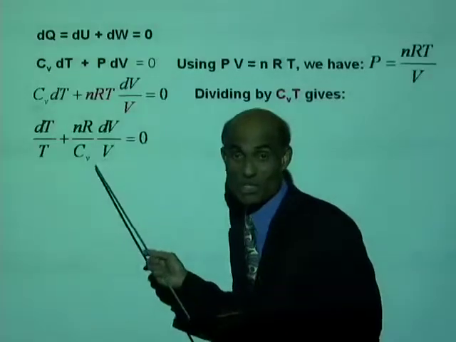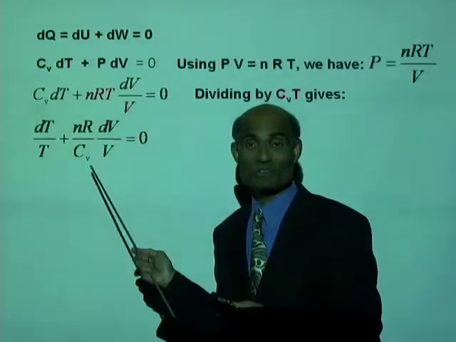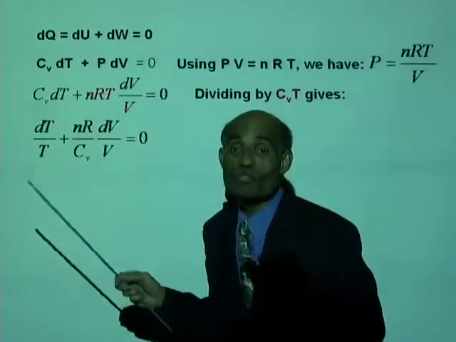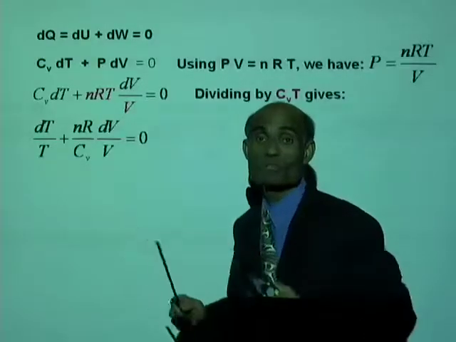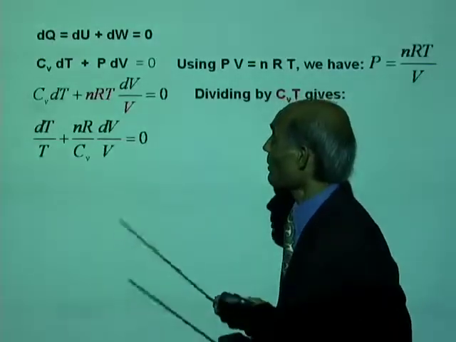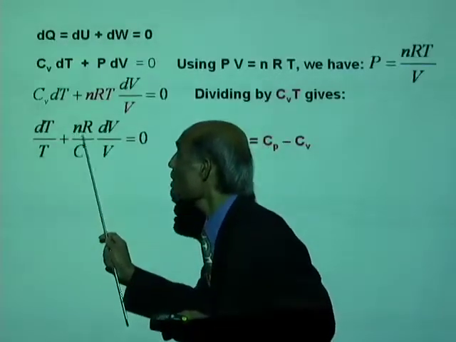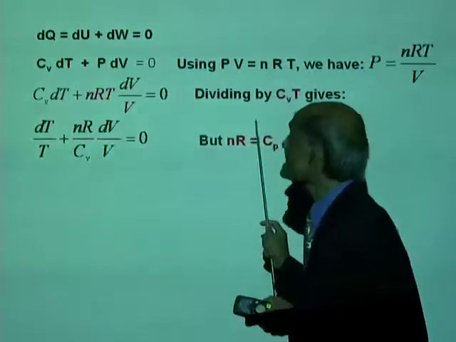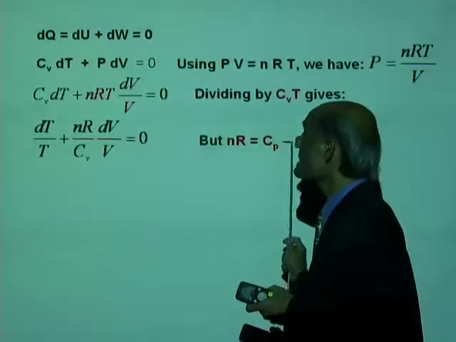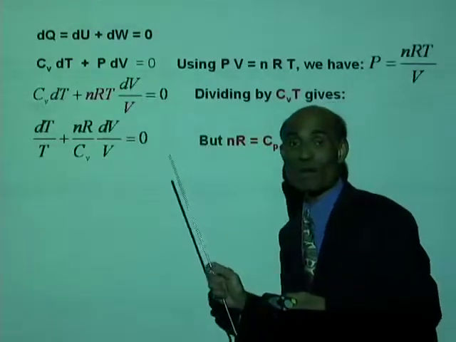Alright, these are sheer mathematical manipulations. And of course, all physical principles are derived using mathematical principles. Alright, do you remember this nR is Cp minus Cv? You recall that one?